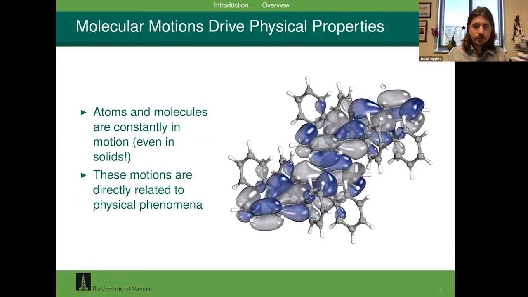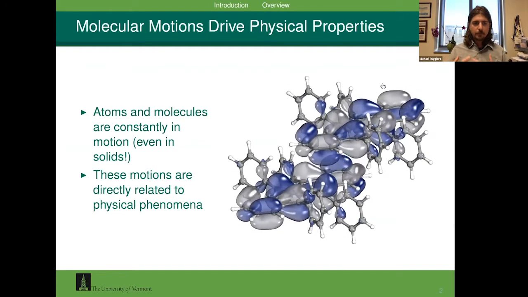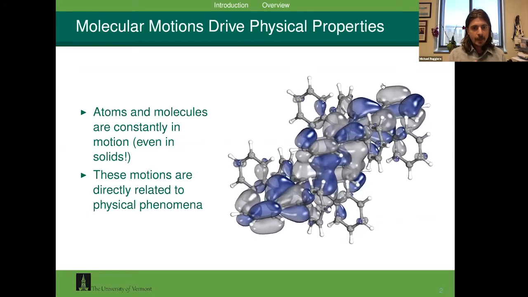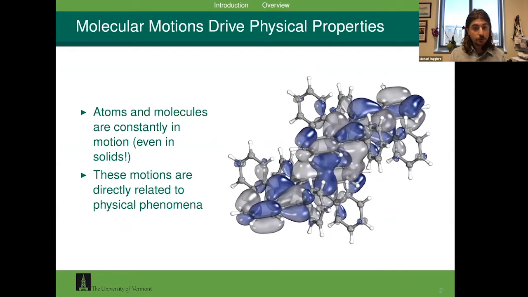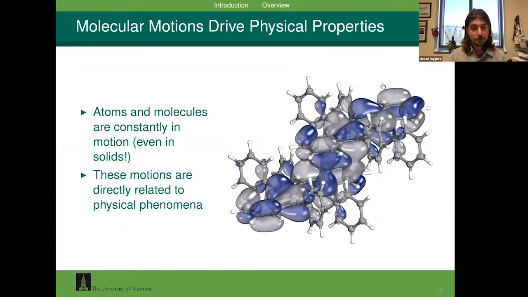And first, one of the most critical things to keep in mind for what I'm going to present is that atoms and molecules are always moving, whether it's in a gas or a solid or a liquid, even in a solid where we don't normally think about atoms moving.